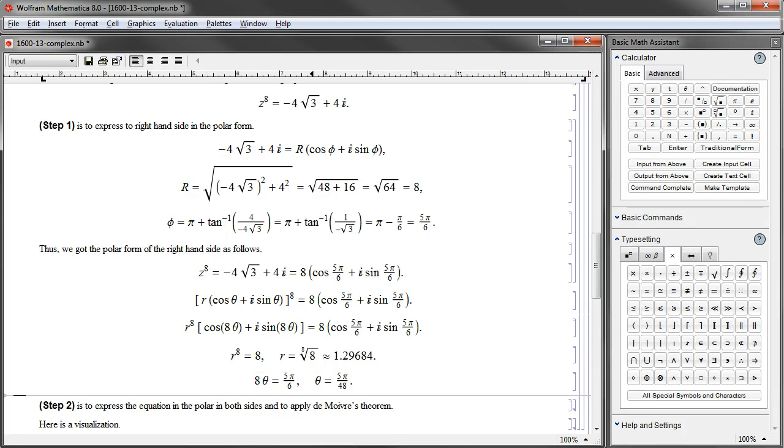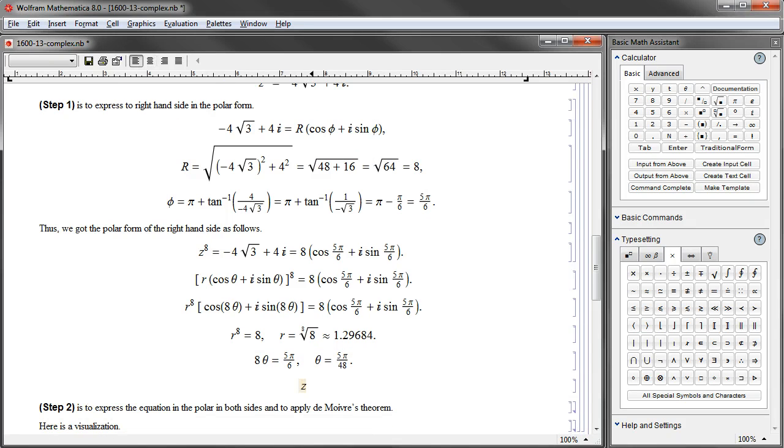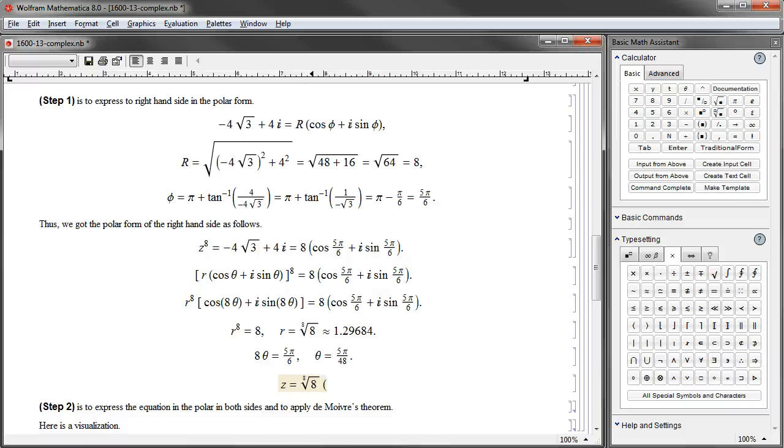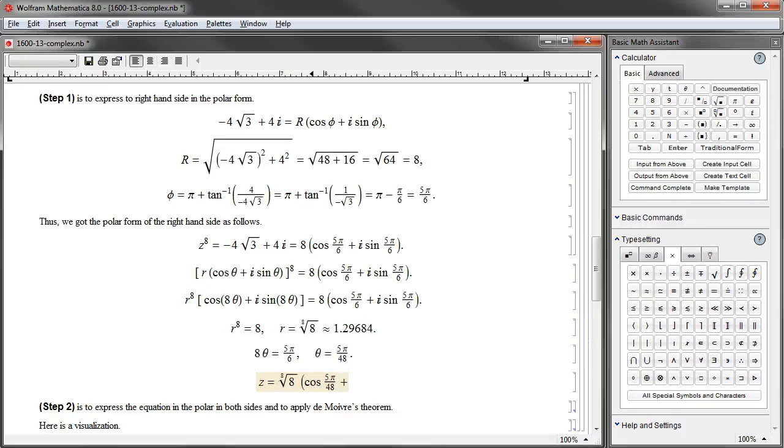And we are going to get a solution like this. Z equals R times cosine of 5 pi over 48 plus i times sine of 5 pi over 48.